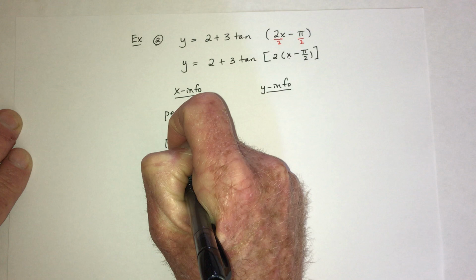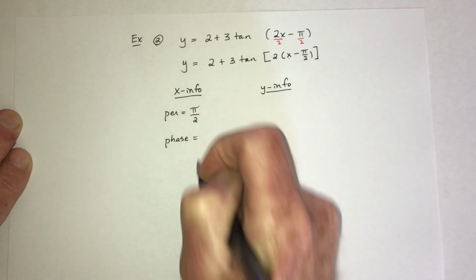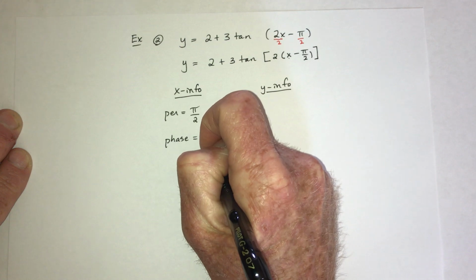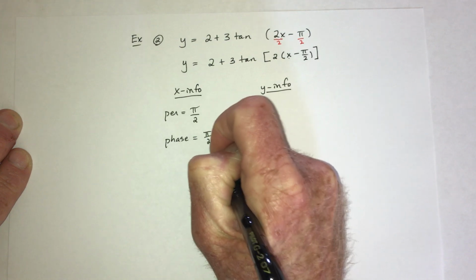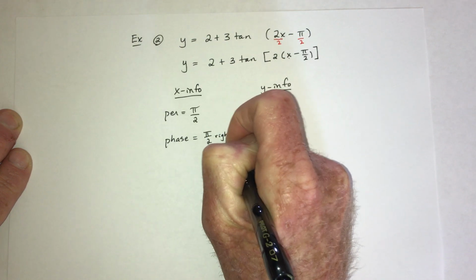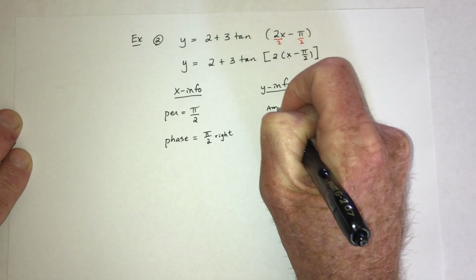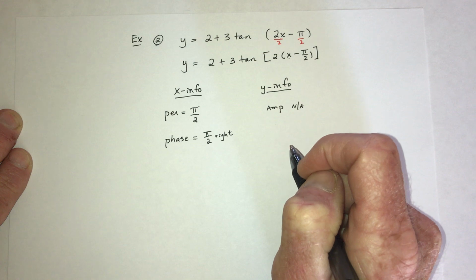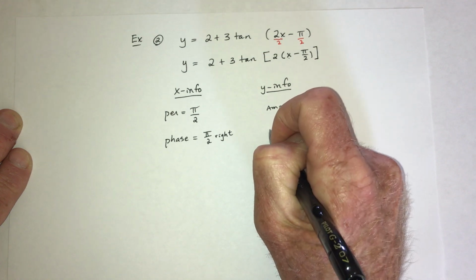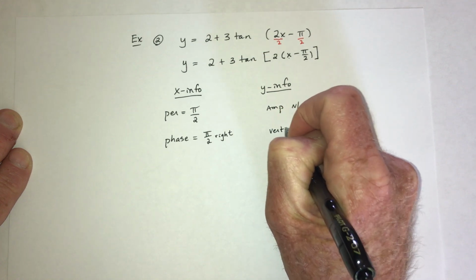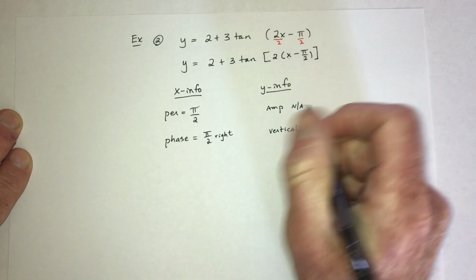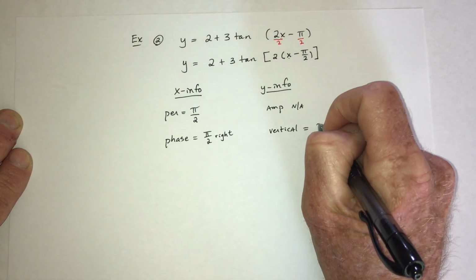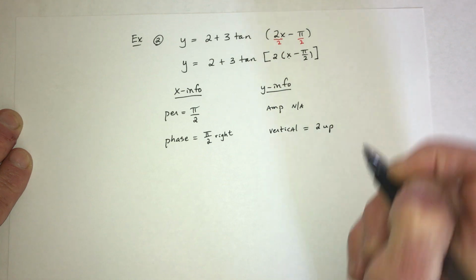Then for shifting it left and right, aka the phase shift, that's going to be pi over 2 to the right. The amplitude would be infinity or not applicable. And then for the vertical shift, that would be this number right here. So it's adding a 2, so 2 up.